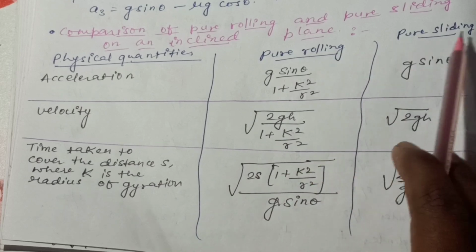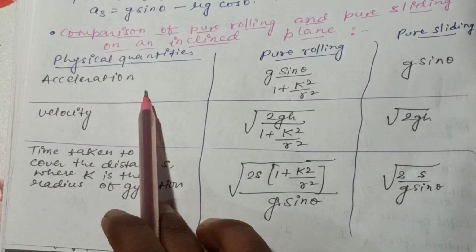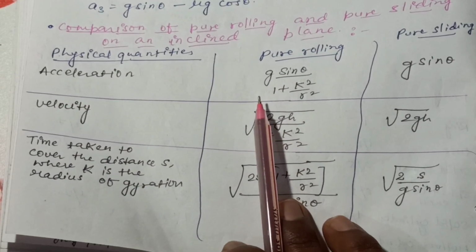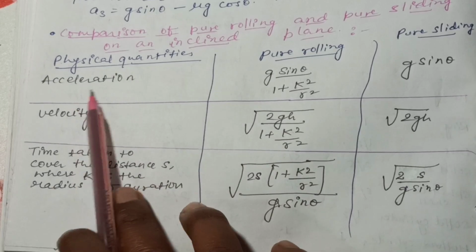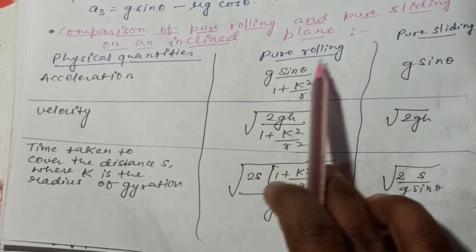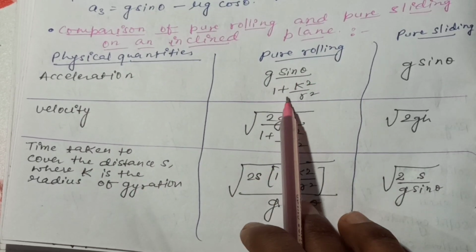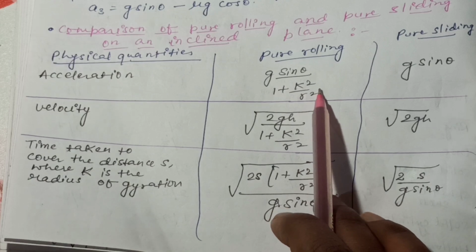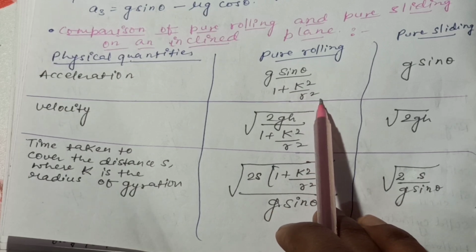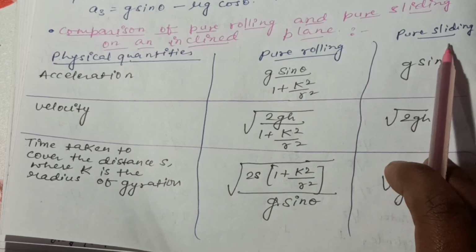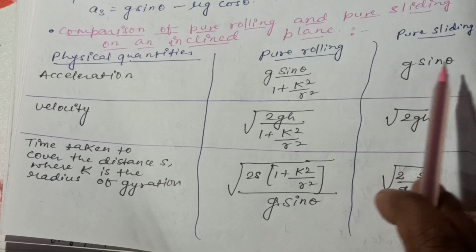Pure rolling versus pure sliding. Acceleration: pure rolling g sin theta upon 1 plus k square upon r square; pure sliding g sin theta.